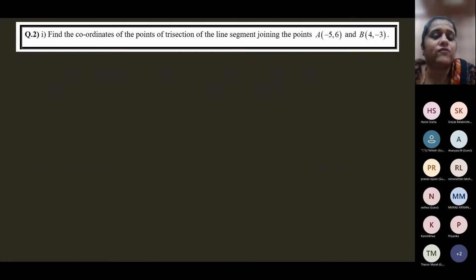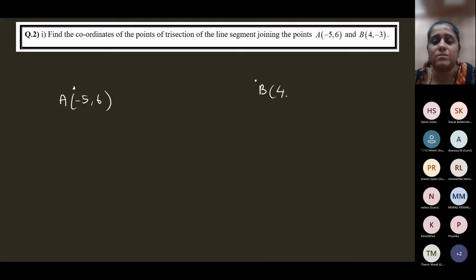All right. Find the coordinates of the points of trisection of the line segment joining the points A and B. Point A is given by the address (-5, 6). Point B is given by the address (4, -3). So this is AB.